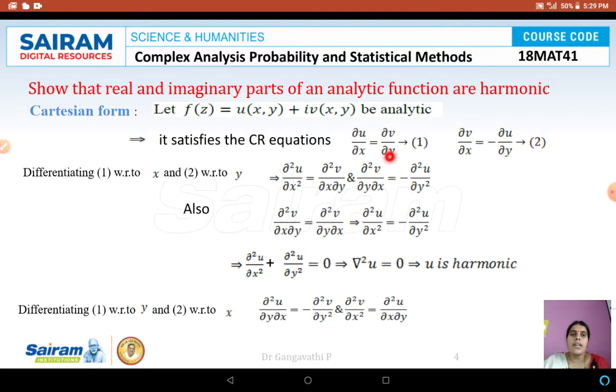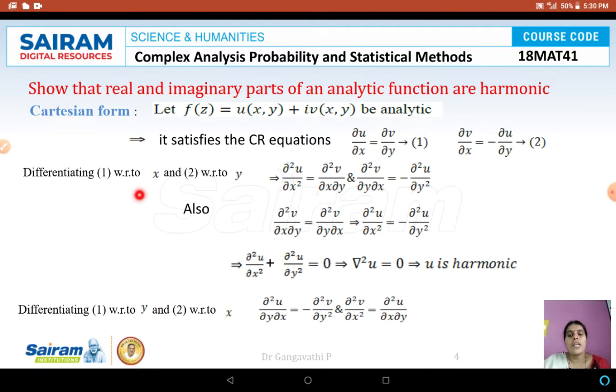Call the first CR equation 1 and the second CR equation 2. Now let us differentiate equation 1 with respect to x and equation 2 with respect to y. You have to maintain this order because we are going to prove that u is satisfying the two-dimensional Laplace equation. So we are going to show that u, the real part, is harmonic. So we have to follow this order only. If you change the order, you are going to end up with something else.